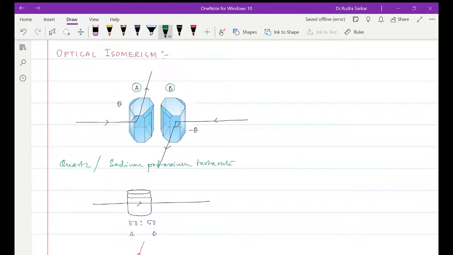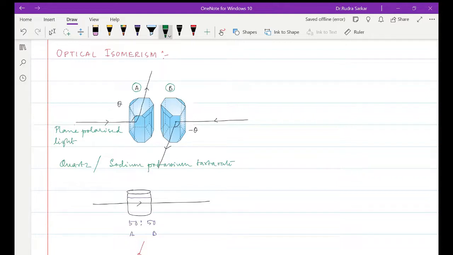And then he passed this plane polarized light through these crystals, and he could see that the crystal form A was able to deflect the light by an angle theta, whereas the crystal form B would deflect the plane polarized light by an equal angle but in the opposite direction.